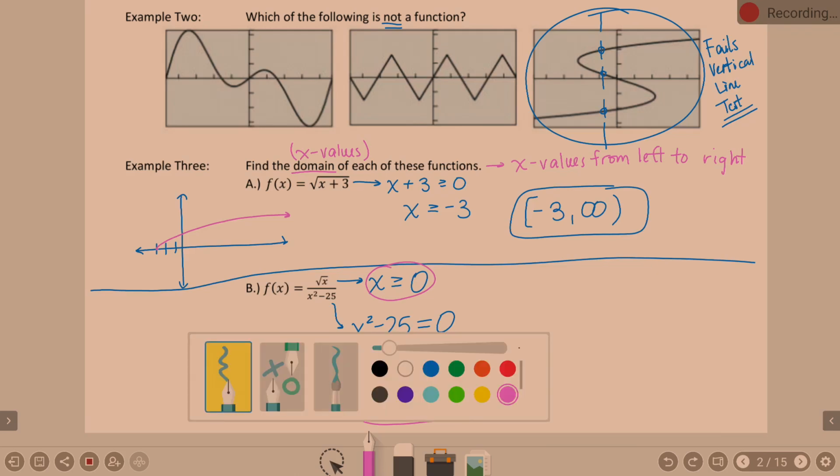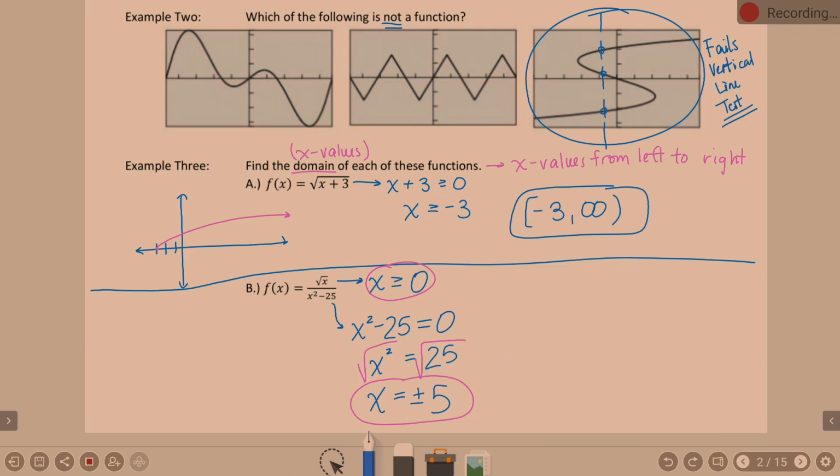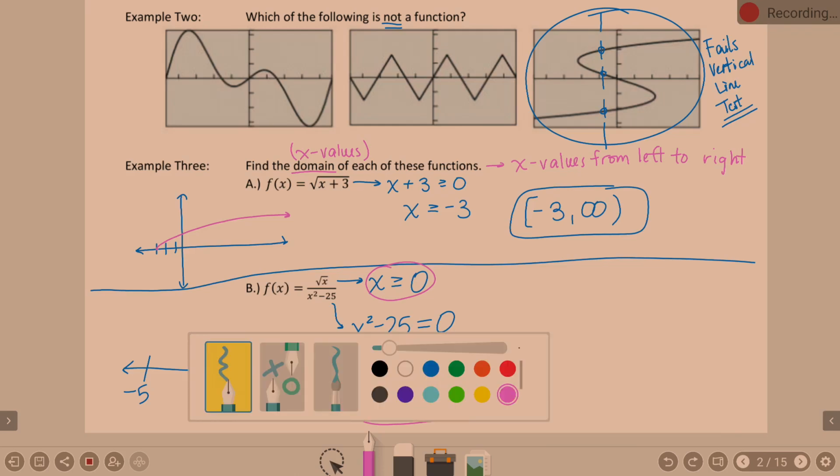Now, let's think about this here. I haven't looked at the graph yet, but let's think about what we know. I'm not trying to graph, just trying to put this information on the number line. We know x has to be greater than or equal to 0, and we also know that x cannot equal -5 and 5.